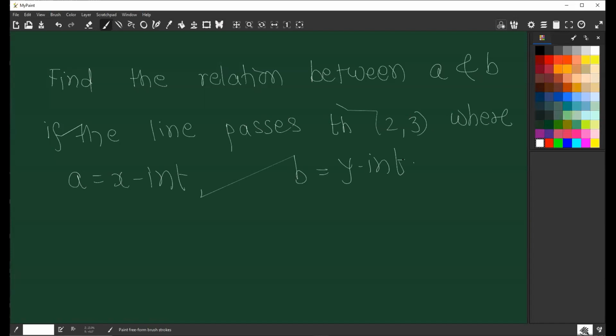If x-intercept is A and y-intercept is B, you have to get the relation between A and B if the line is passing through (2, 3). This is your (0, B), (A, 0), and the line is passing through (2, 3).